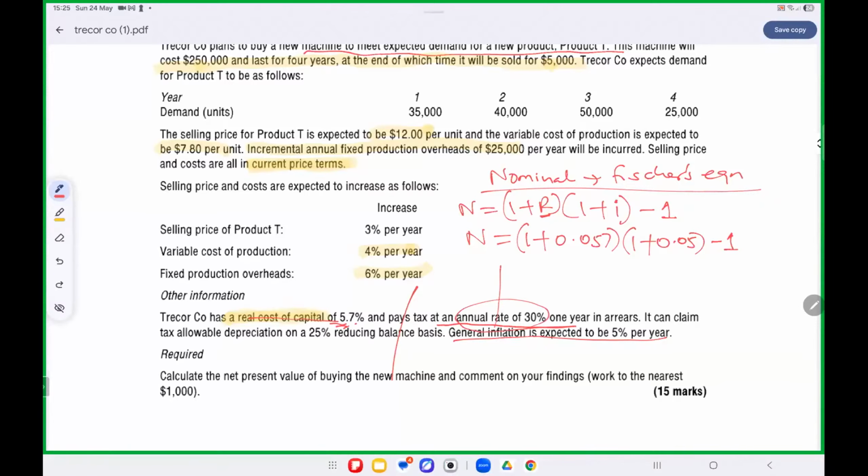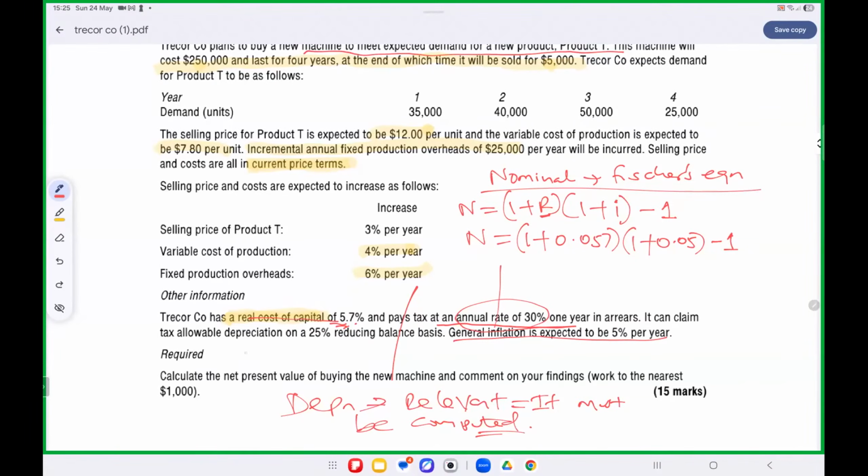So remember, whenever taxation is given, automatically depreciation is relevant. If it's relevant, it means that it must be computed. So let's go ahead and compute this depreciation.